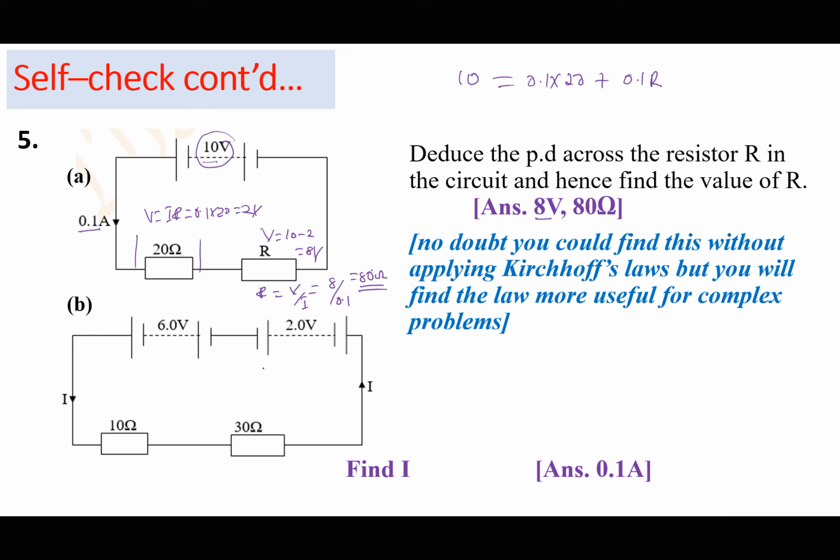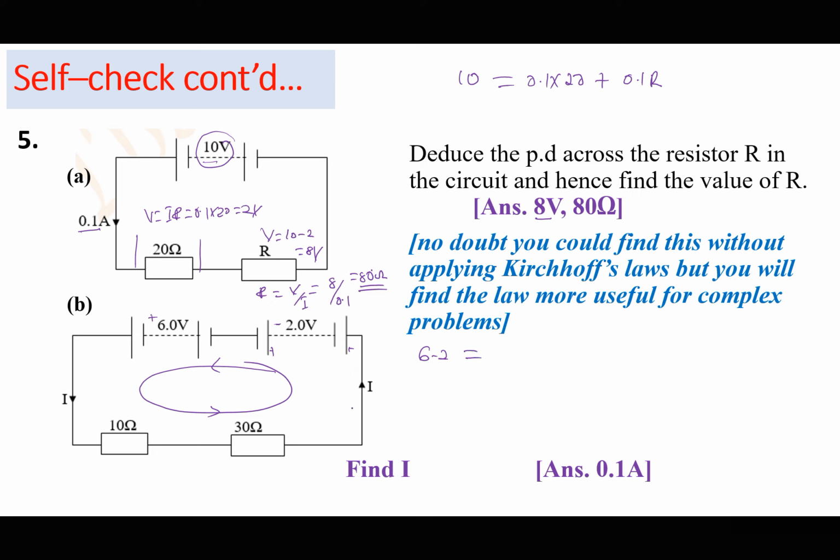Then find I in this case. There are two ways of doing this. You could put in a loop, Kirchhoff's second law, and you find the sum of the EMFs. Note that this is positive, negative. So this is negative, this is positive if I move anti-clockwise. So the sum of EMFs is 6 minus 2.